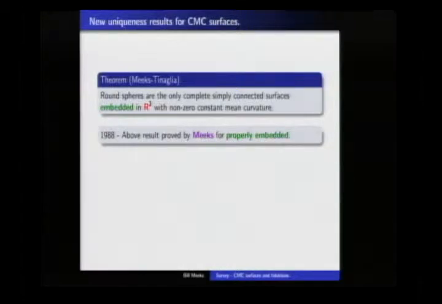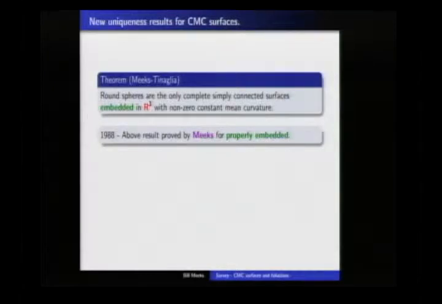So once you prove that you can't put planes, of course, there was some previous history on this. For example, a long time ago, motivated by something Harold asked me, I figured out how to do this if the surface was properly embedded. Okay, so we had that extra word proper versus complete.